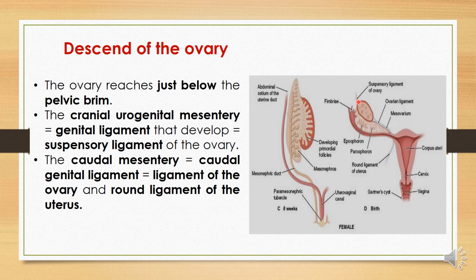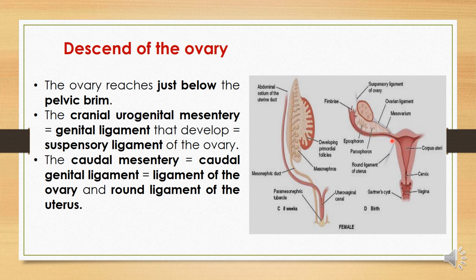The cranial part of the urogenital mesentery forms the genital ligament that develops to form the suspensory ligament of the ovary, while the caudal part of the mesentery forms the caudal genital ligament that forms the ligament of the ovary.